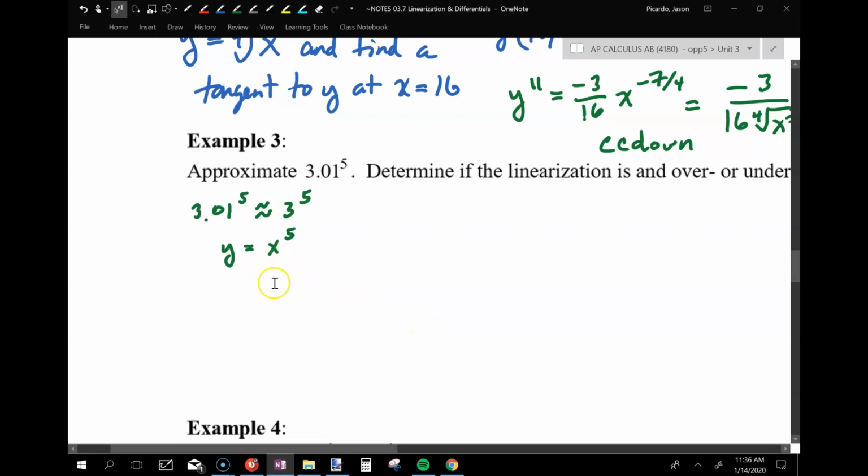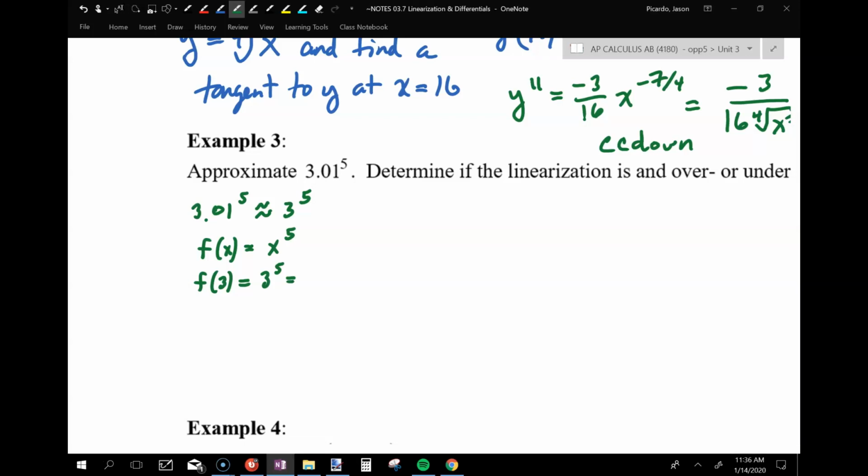So actually, let's call it f of x equals x to the 5th. So what do we know about this? Well, we know that 3 to the 5th is equal to 3 times 3 times 3, 27 times 3 is 108, 243.